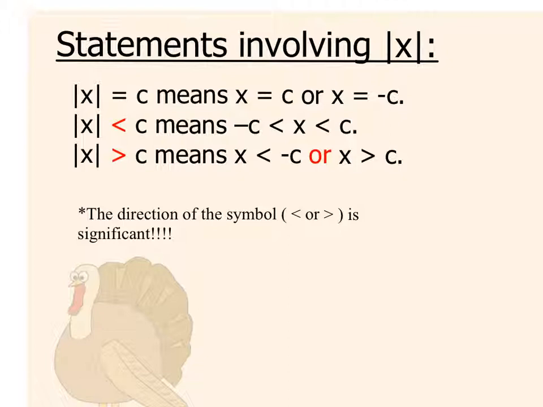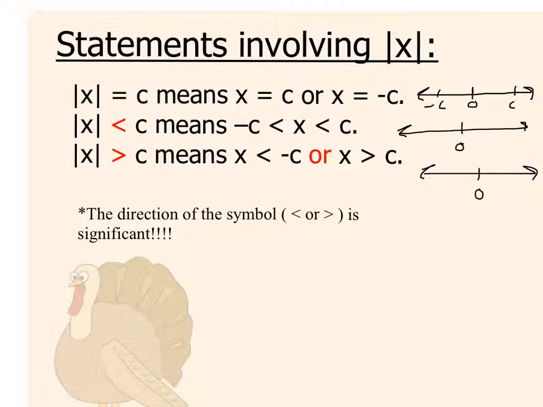I think it's best if we kind of represent these cases on a number line. We're using the arbitrary reference point of C. And the reason I like looking at the number line is because the definition of absolute value is a number's distance from 0.